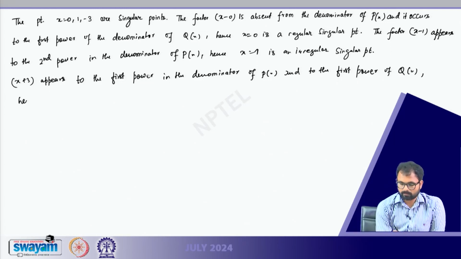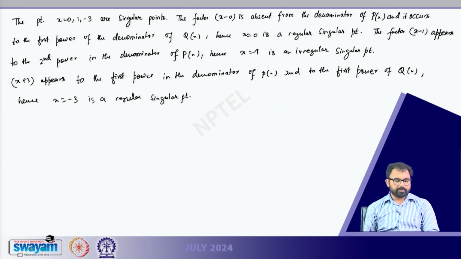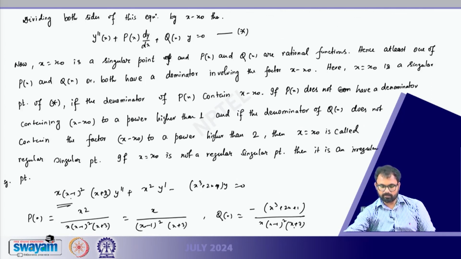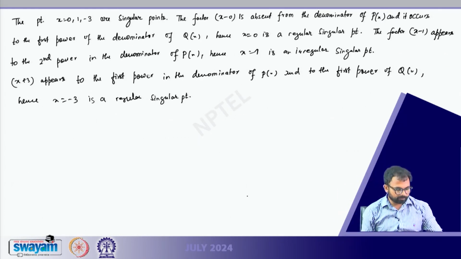Hence, x equals to minus 3 is a regular singular point, right. So, we have seen one example, and for this example we know that there are 3 singular points and we categorize them whether they are regular or irregular singular points, right.